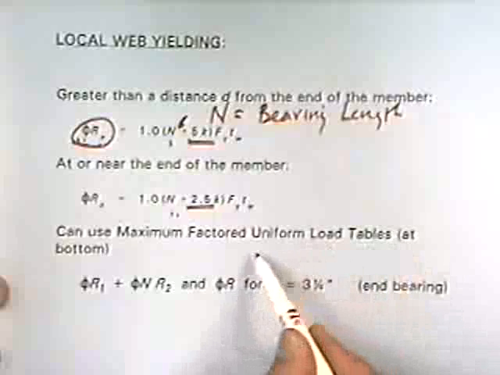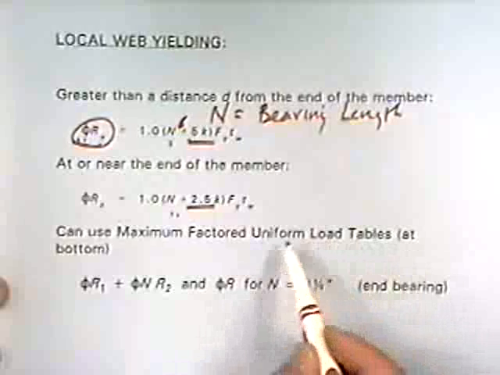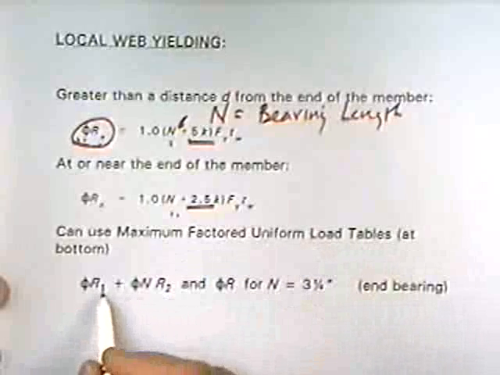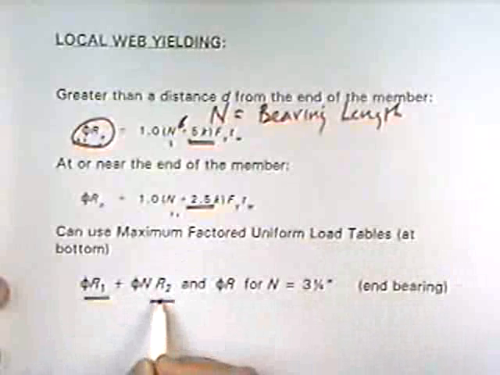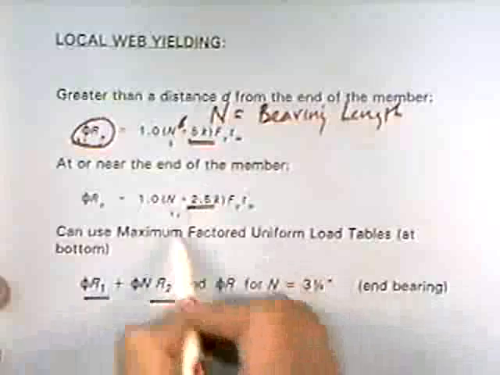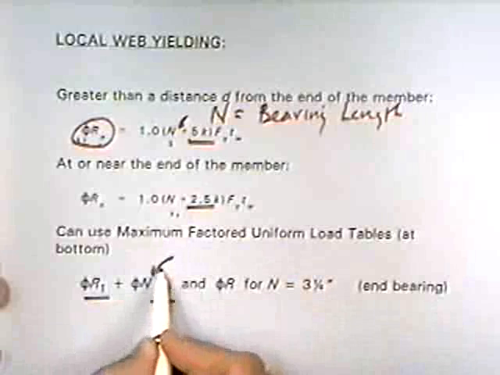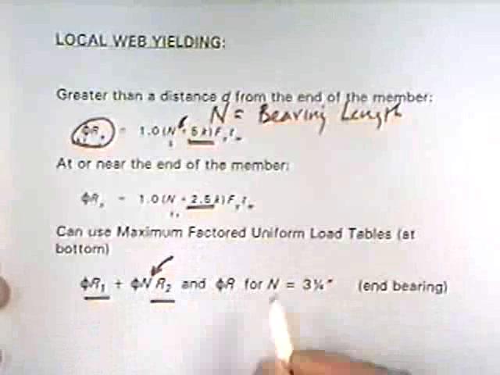If you go into the uniform load tables that I previously referenced, at the bottom it gives you values of R1 and R2 that actually do the computations for the various beam sections, and all you have to do is plug in a value of N, whatever it is.